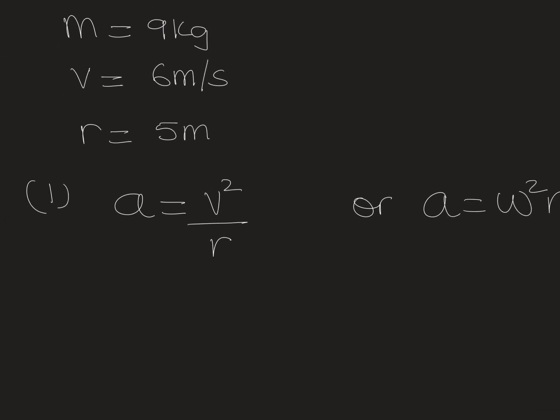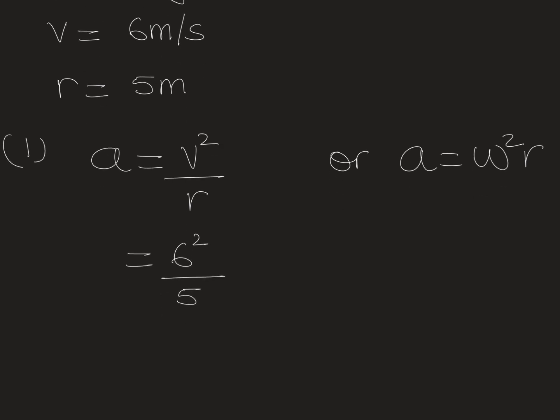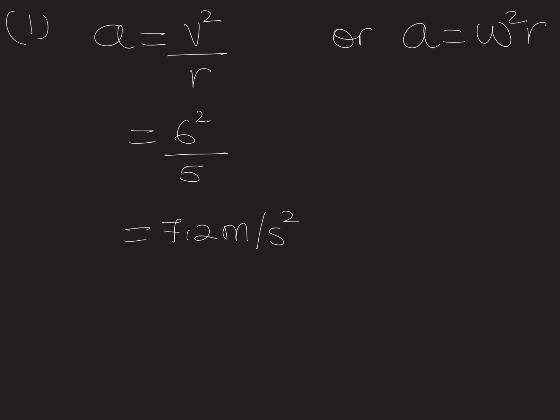It will be easy for us to use this formula since the linear velocity and the radius are given. So that is going to be 6 squared divided by 5, which is 7.2 meters per second squared.